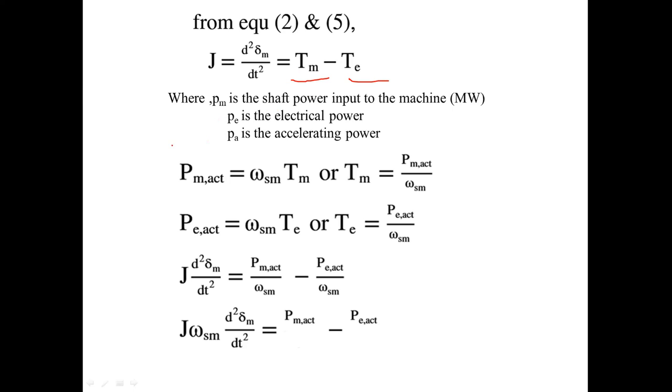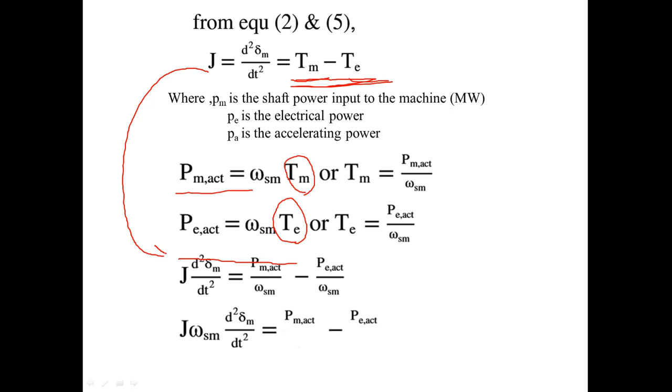After substituting, the inertia constant will change after differentiating all the values. So the mechanical power actual value will be equal to ωsm Tm, I need only the mechanical because I am going to substitute here, and similarly for electrical. Electrical will be ωsm Te, I need Te.